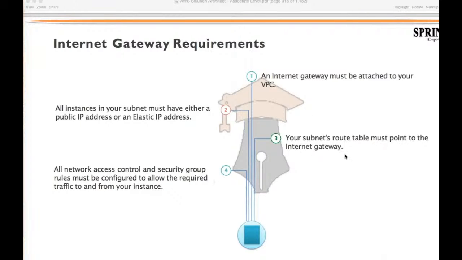We have also seen this when we are creating the subnet, where we have to select the internet gateway to which it will be tagged. All the network access control and security group rules must be configured to allow the required traffic to and fro from your instance.